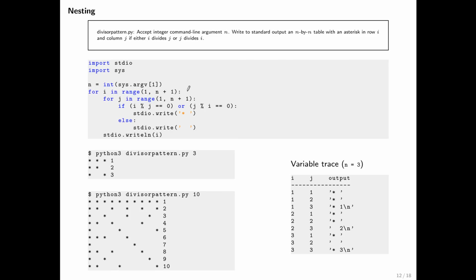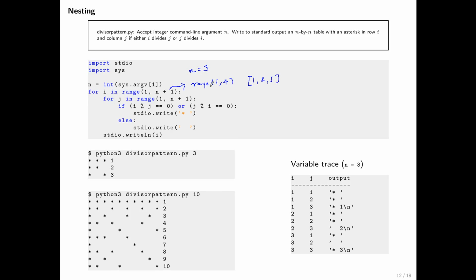So for example, if n is set to 3, then what is going to be this iterable object, this arithmetic progression? Well, it's the range of 1, 4, but what is range of 1, 4? Well, it is the progression 1, 2, and 3. 4 is not inclusive.